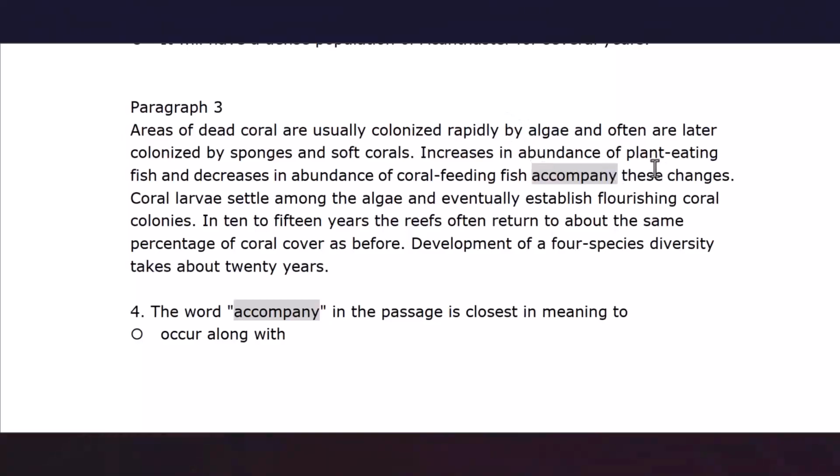Increases in abundance of plant-eating fish and decreases in abundance of coral-feeding fish speed up these changes. Speed up means to increase in speed. And when you continue reading the rest of the passage, you don't notice anything unusual.